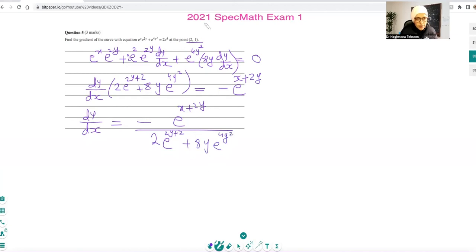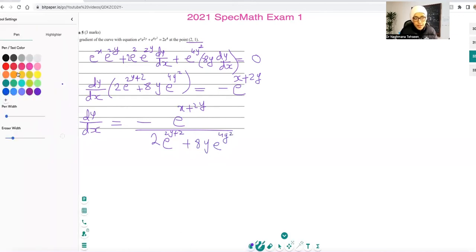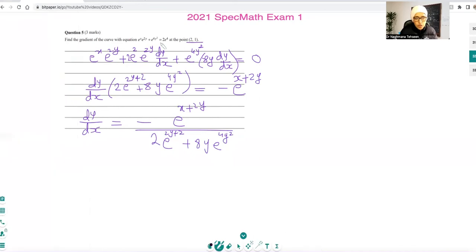Now, we want to find the gradient of the curve at the point (2, 1). So that means dy over dx at x equals 2 and y equals 1.